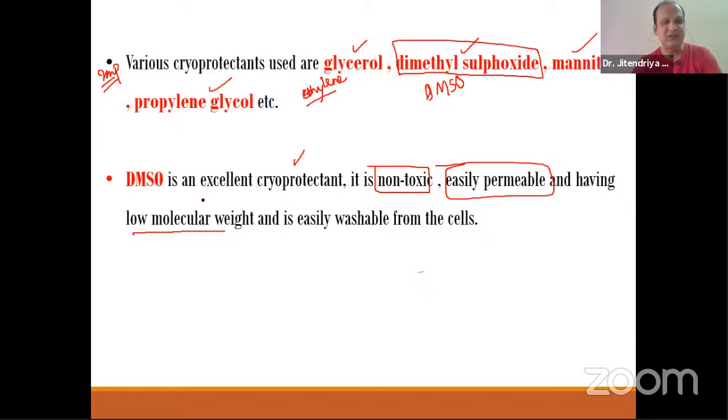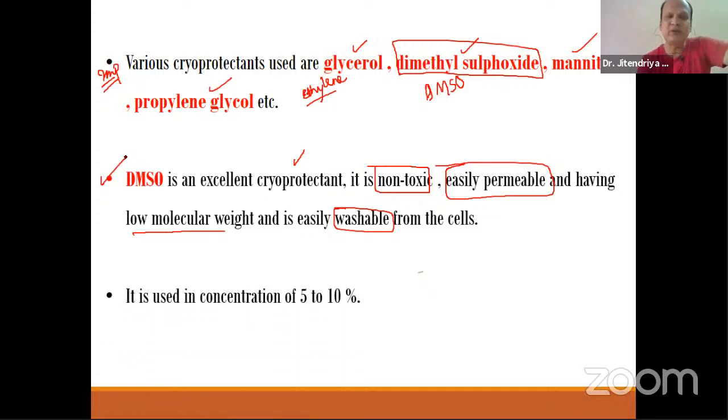Further, during the recovery part, it is easily washable. So for that reason, DMSO is referred to when there is a need for a cryoprotectant. It is the most important as far as cryoprotectants are concerned. Generally 5 to 10 percent is preferable.